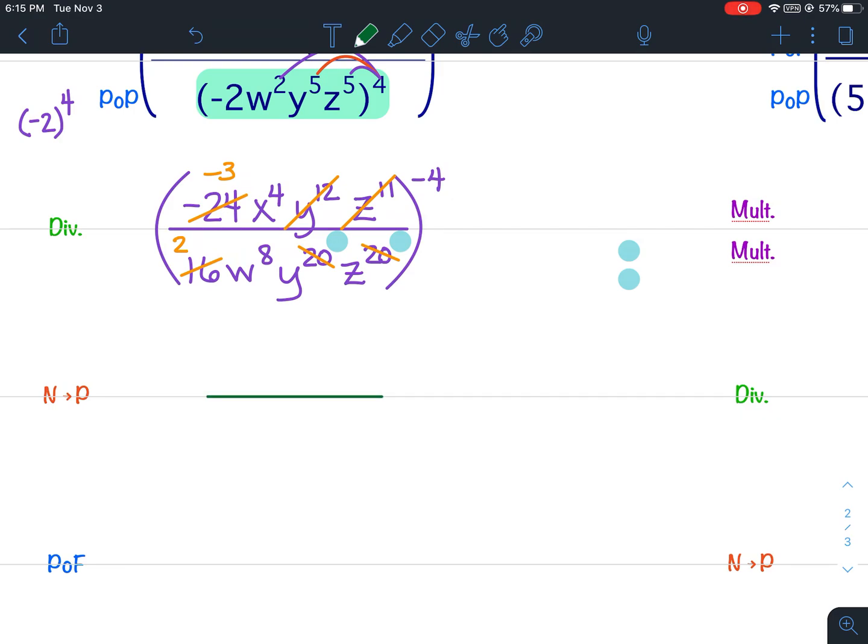So in my numerator, I have negative 3 x to the 4th. In the denominator, I have 2 w to the 8th, and then my y and z terms.